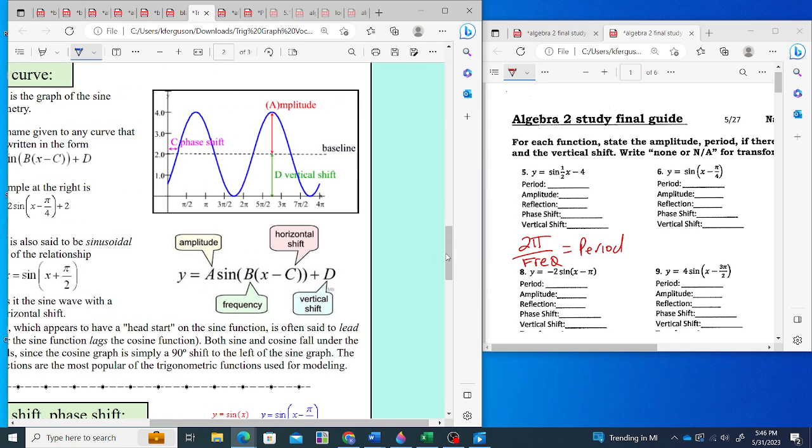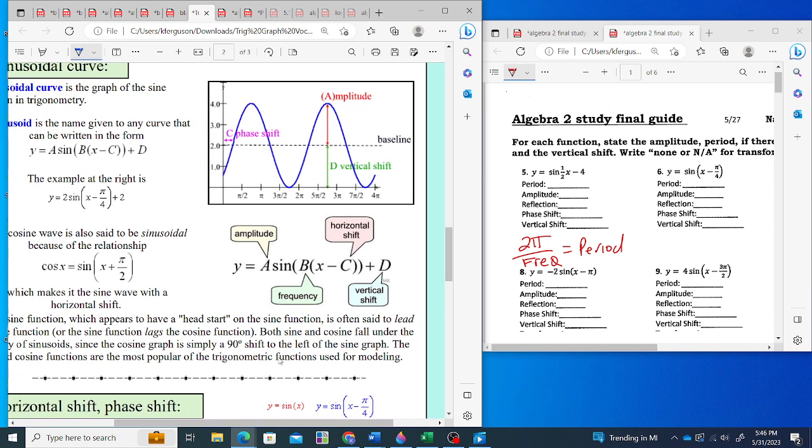Here's pretty much the standard setup for the equations that we're dealing with. So y equals a, that's the amplitude, sine or cosine, then b times x. X is just for sine or cosine or whatever I'm taking of. So the b, the number that's being multiplied times x, that's my frequency. Okay.